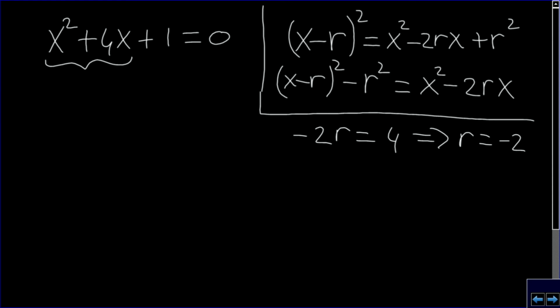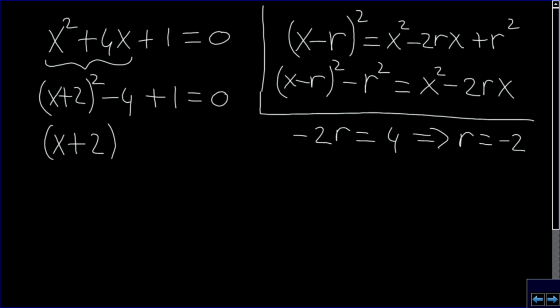So now we can replace x squared plus 4x by x plus 2 squared minus 4. We still have the plus 1, and this is equal to 0. Now minus 4 plus 1 is equal to minus 3. We take that to the other side. So we have x plus 2 squared is equal to 3.